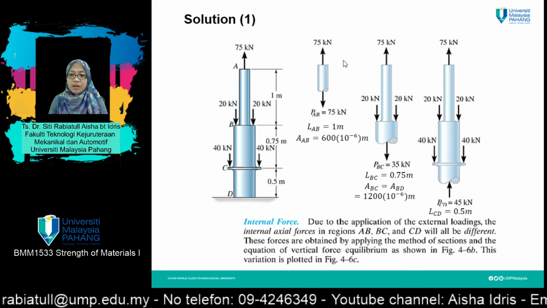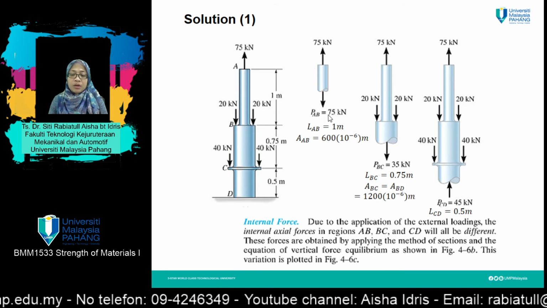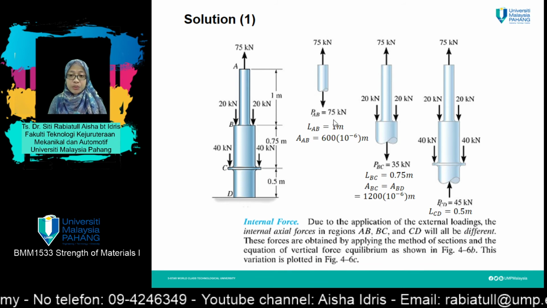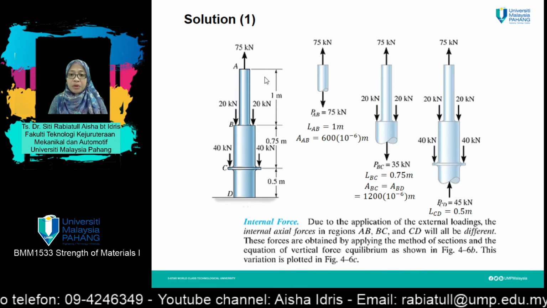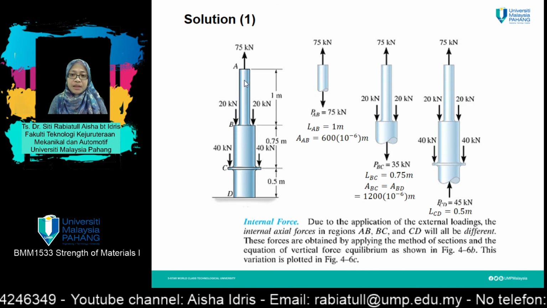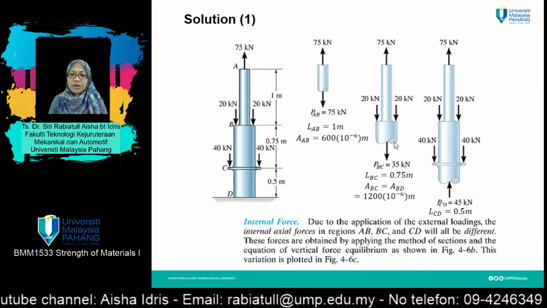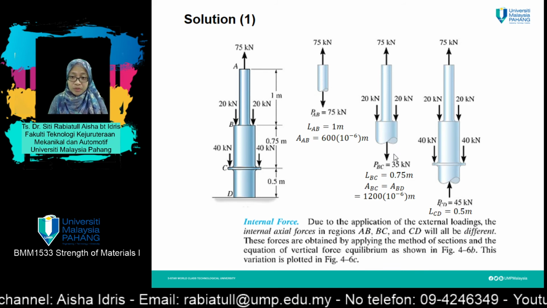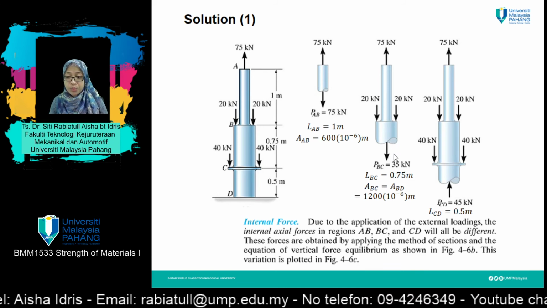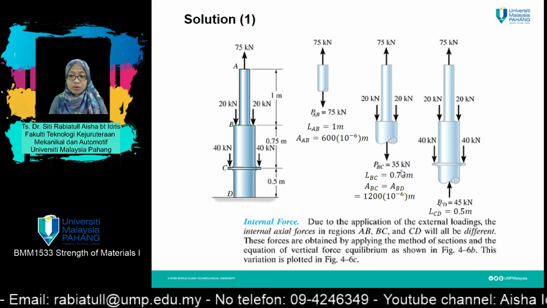From there, you'll get the value of PAB, which is equal to 75 kilonewton. After that, I cut again for section BC, starting from A. From there, total forces in the y direction equals 0, and you'll get the value of PBC equal to 35 kilonewton.